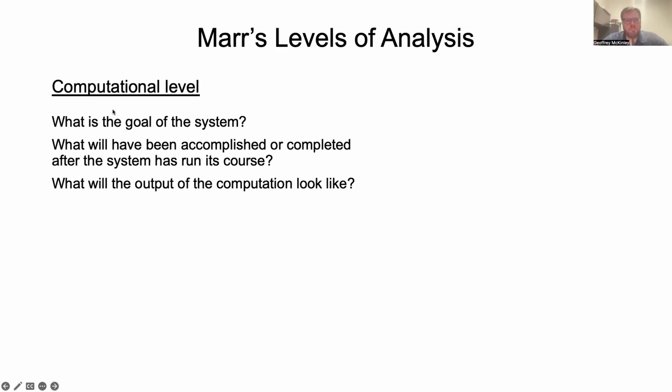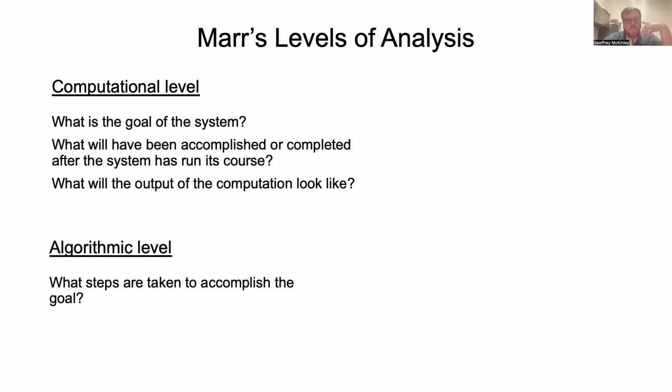And then at an algorithmic level, you want to know what steps are taken to accomplish the goal. Essentially, you're asking how does the system solve the problem, at least on an abstract level? What kinds of representations are created? What operations are performed? This level is more about the actual process involved in an abstract sense, not the physical process, but the conceptual process.